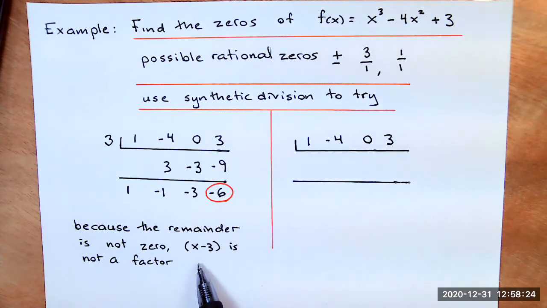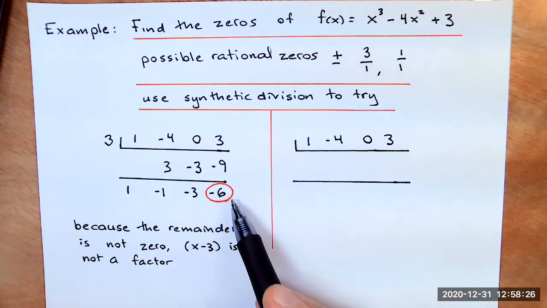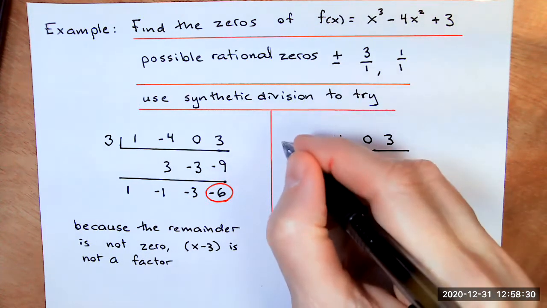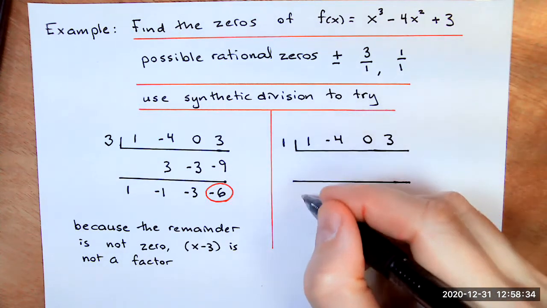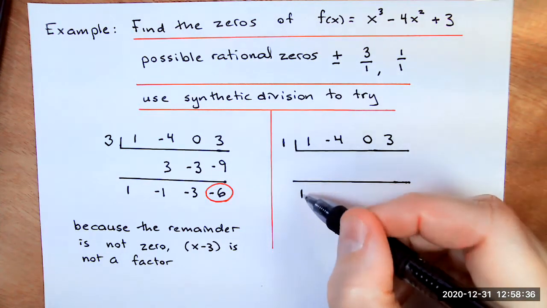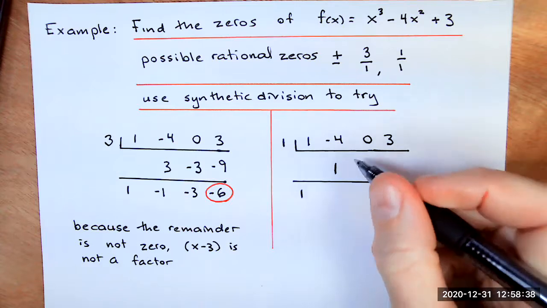So x minus 3 is not a factor because the remainder is not 0. Let's try 1. Remember, we bring down the 1. 1 times 1 is 1.